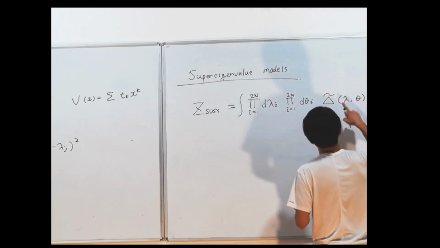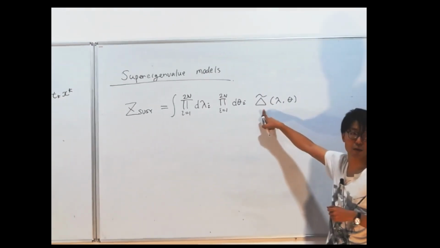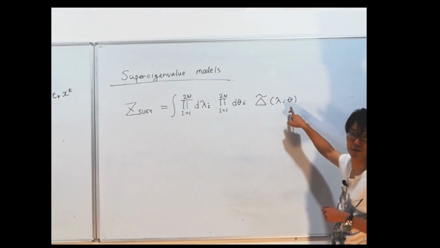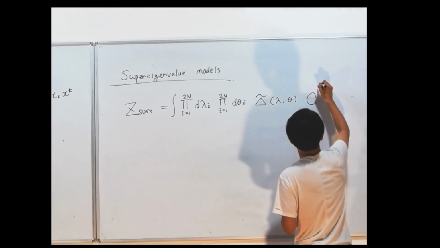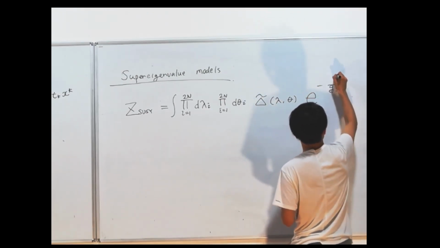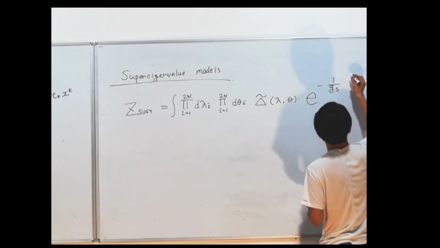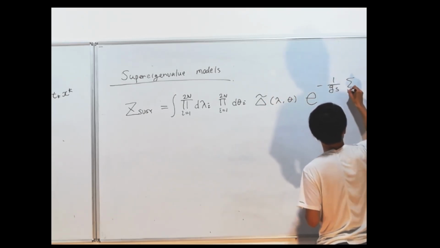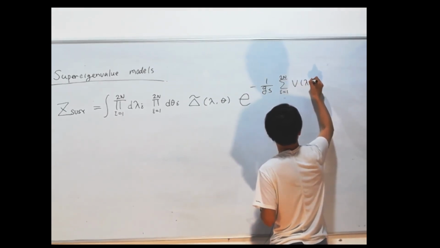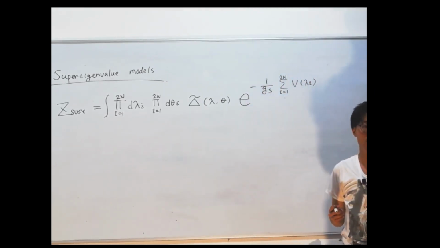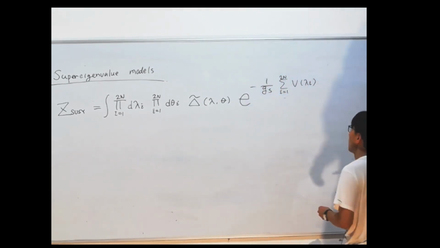Of course, this can now depend not only on lambda, but also on theta, the odd variables. Now I take the same expression, with the sum to n. This is exactly the same, right?